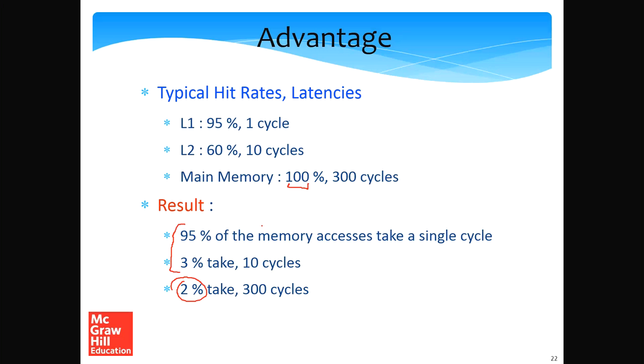But the important point to note is that if you have a hierarchy, most of the accesses will hit at the highest level, which is good because the highest level is the fastest. Then gradually smaller and smaller percentages of accesses will trickle down to the lower levels. So we need to design a system where the least number of accesses come down to the lowest possible level.